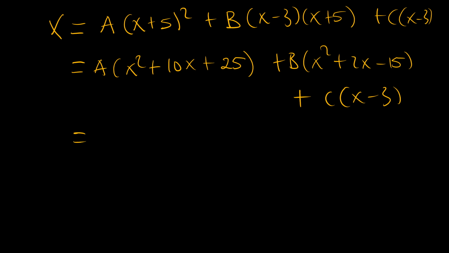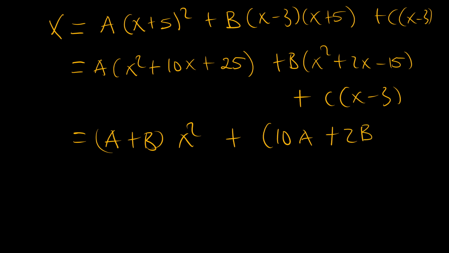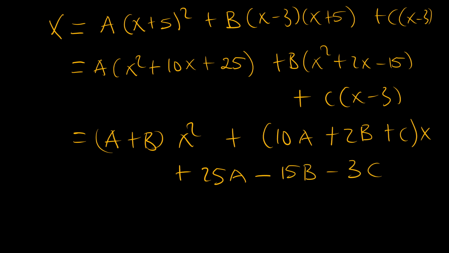So this is the same as (a plus b)x squared plus (10a plus 2b plus c)x, and then we have plus 25a minus 15b minus 3c. So the first equals 0, this equals 1, since we have a 1 here, and then this equals 0.